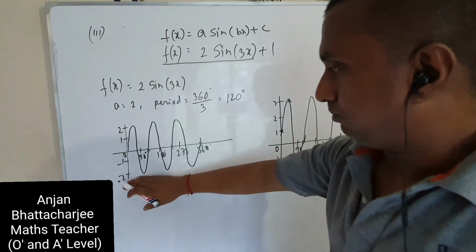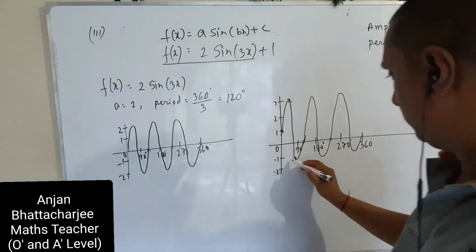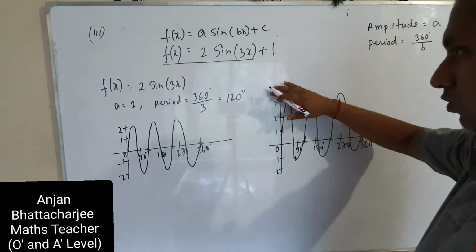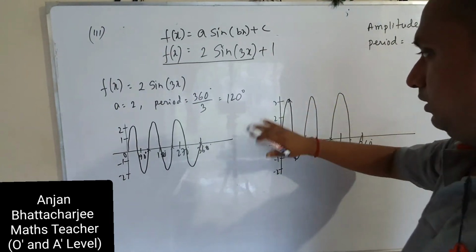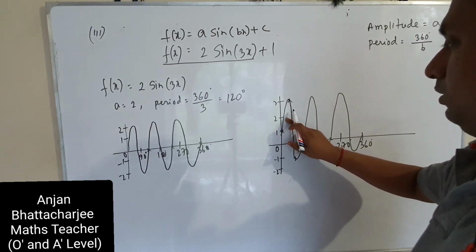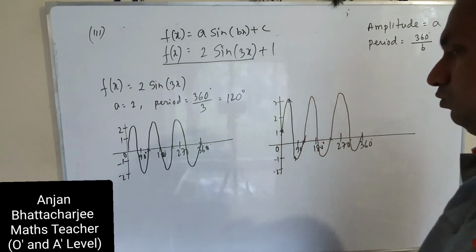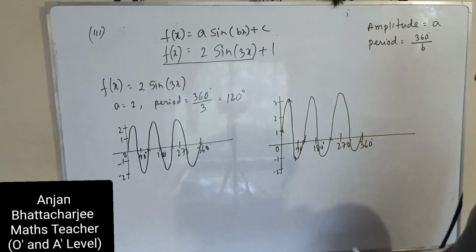See this peak point, 1 unit here, minus 1, and this goes 3 units up. I mean it was 2 units, it just goes 1 unit up for this plus 1. So this is the graph for f(x) equals a sin bx plus c. Okay, so that is it for the next maths.